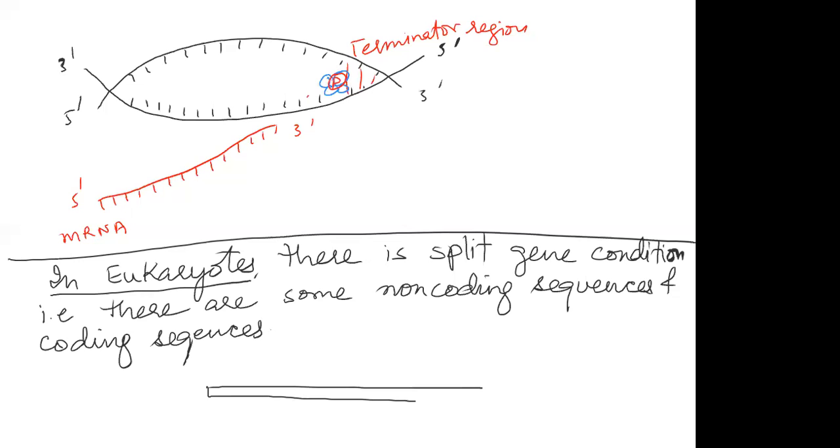Gene is of this type. So there will be exons and there will be introns. Introns are the non-coding and there will be coding sequences. It is this way.